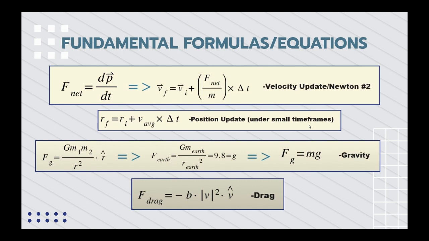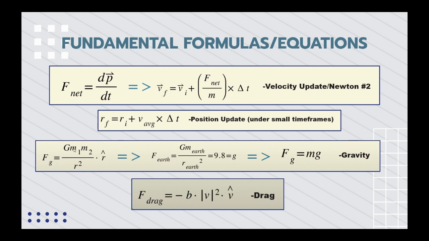These are fundamental formulas we need to have in mind. They are used from lab 1, and it's Newton's second law, and because we're computing net force and velocity, we're going to be using the position update formula because we're going to be looking at the change in position of the object.